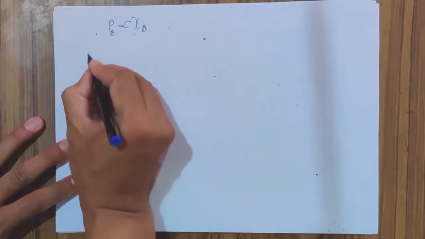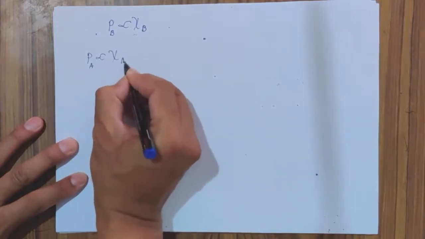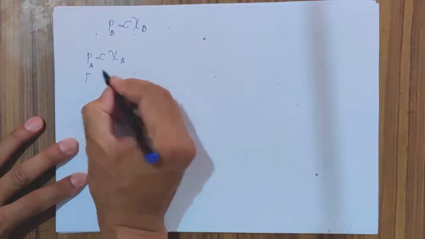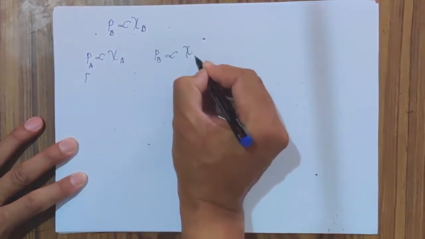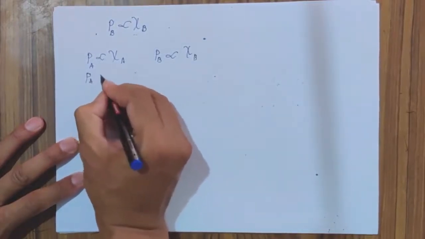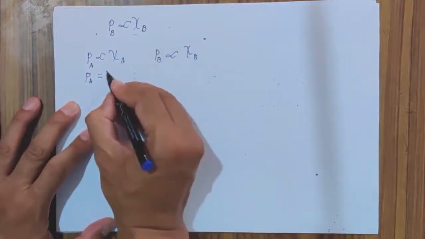So PA is directly proportional to chi A, and PB is directly proportional to chi B. To make it an equality there will be a constant term.